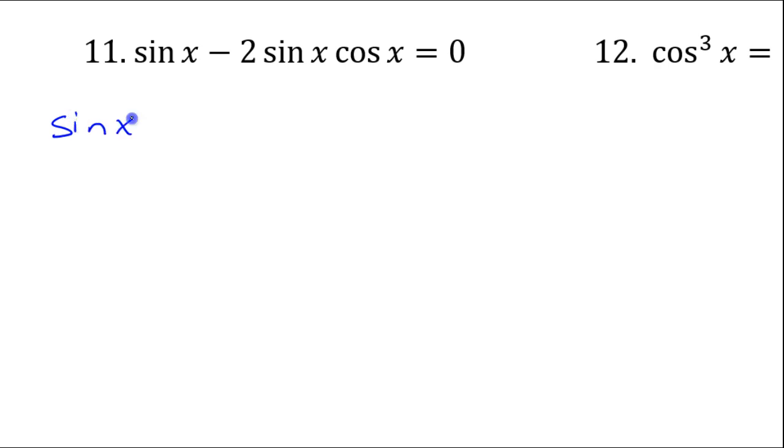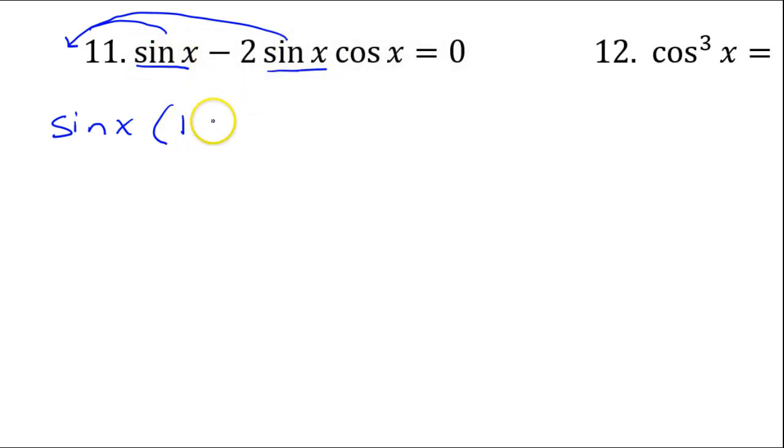If I factor out the GCF here, the sine x, which appears here and here, and I put it out front, then right where the sine x was, I'm going to have a 1.